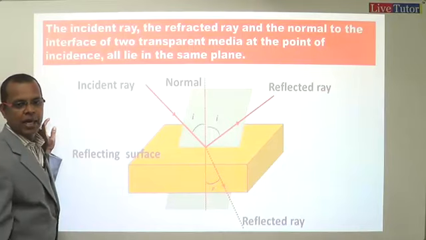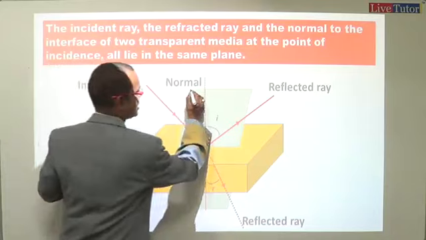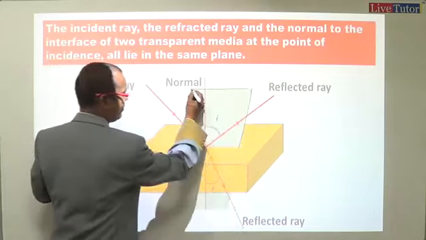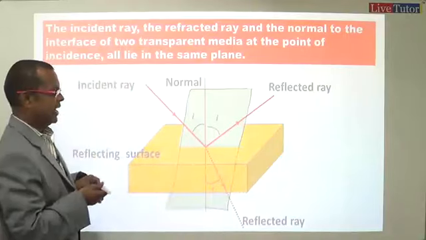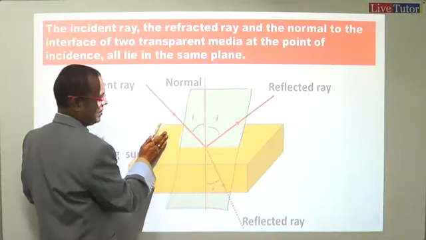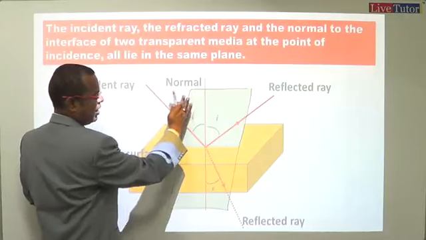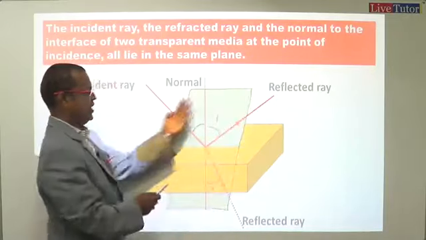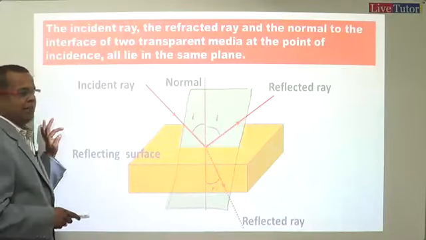All these things are lying in the same plane. Which plane is that? You can see that if you consider this as the plane, for example. I have taken this as the plane. If we take this as a plane, and this is the medium and this is air medium. Now the light is traveling on this plane, for example. On the sheet, I am drawing a line like this, like what we have done in the glass slab experiment.